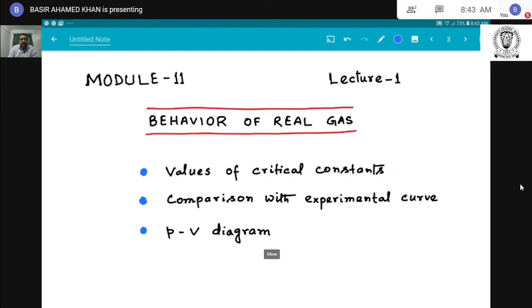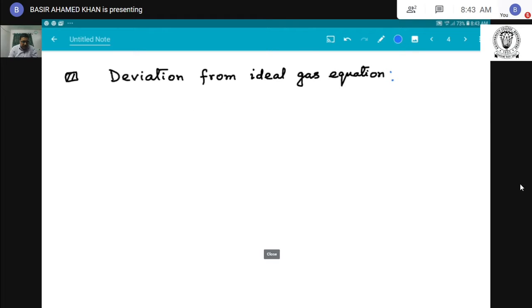Today, in my first lecture of module 11, I will discuss the point deviation from ideal gas equation. I already said that the name of the topic of this module 11 is behavior of real gas.